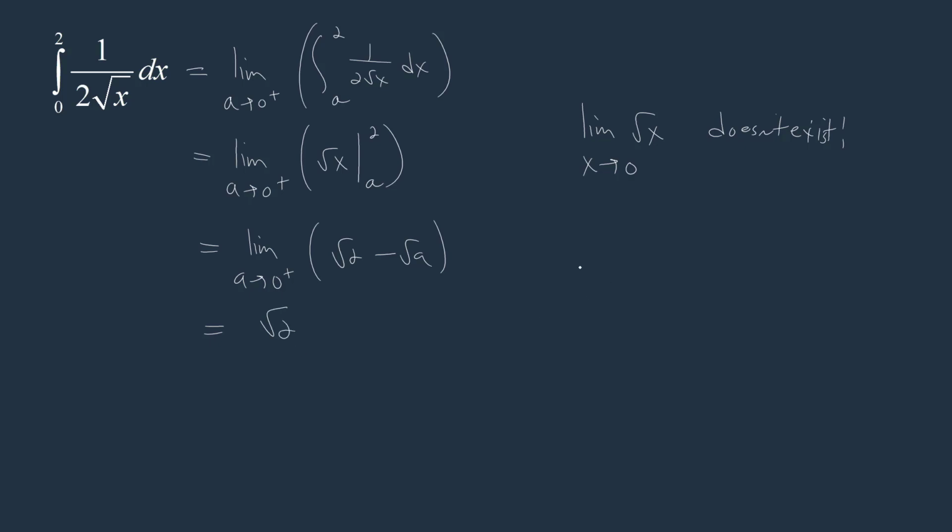So since the limit exists and it was finite, I can now say the improper integral of 1 over 2 times the square root of x dx converges, and its value is, well, square root of 2. Oftentimes we shorten this and say that the improper integral converges to the square root of 2.